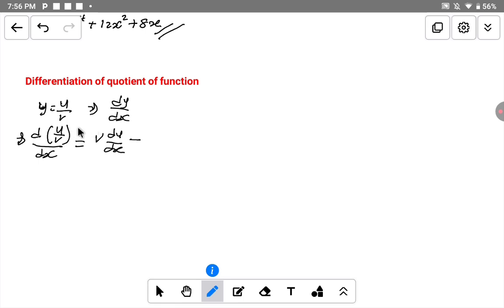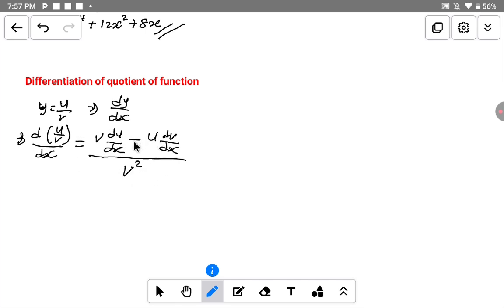Minus, now you leave u constant and differentiate v with respect to s, that is u times dv over ds. Everything is divided by v squared, the square of the denominator. That is the quotient rule.